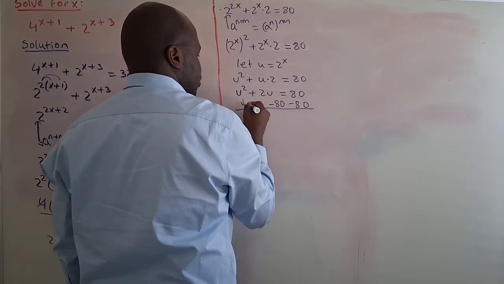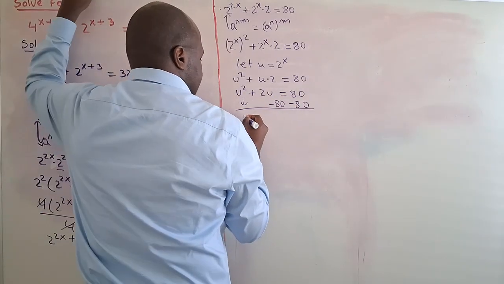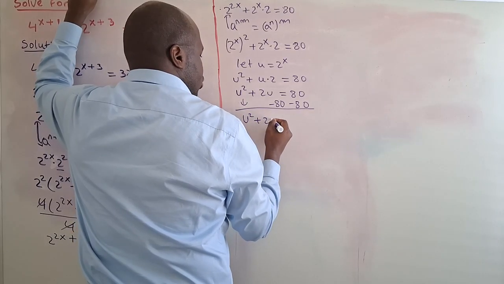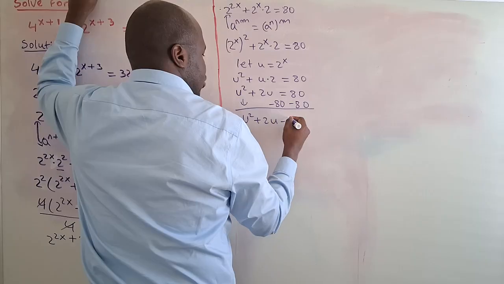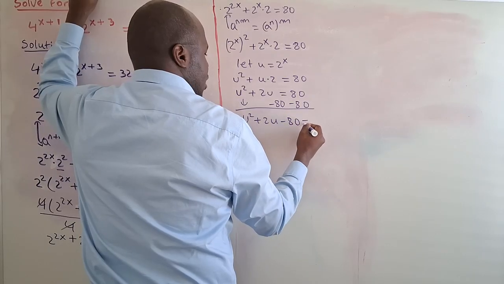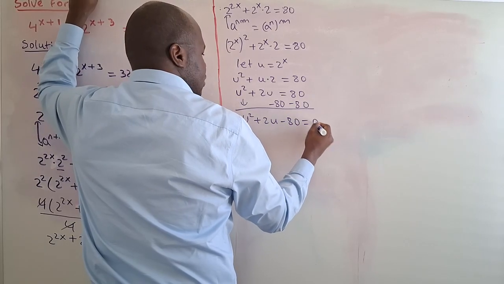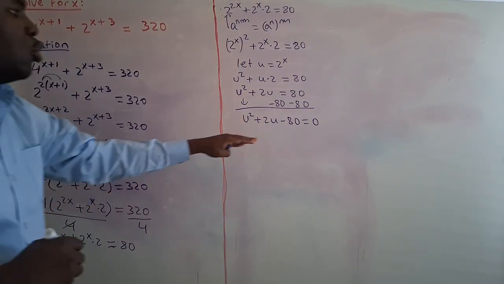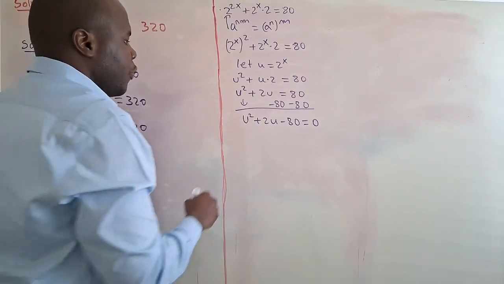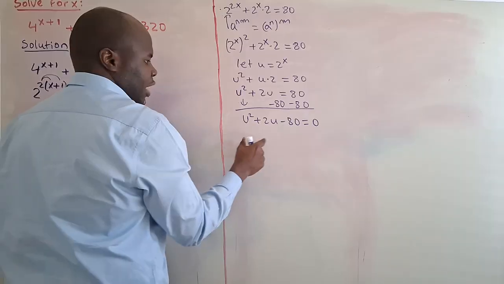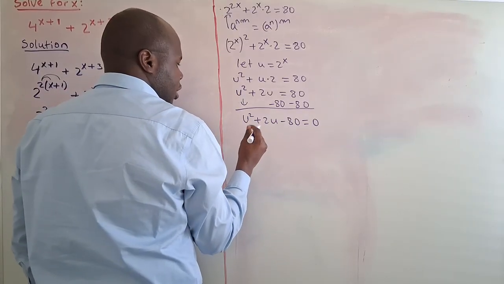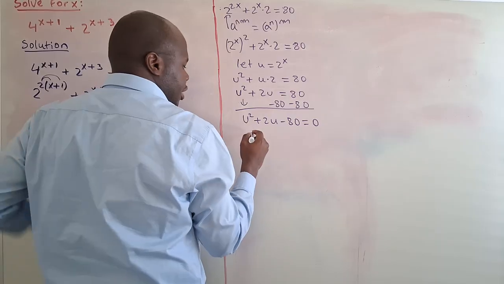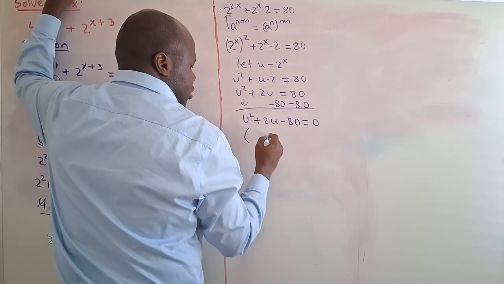Then we're going to bring down the u squared plus 2u minus 80 equals 0. Now, we have a quadratic equation right here, so we need to factor it out. To factor this quadratic equation out, this is a trinomial. We're going to factor it out into two binomials.